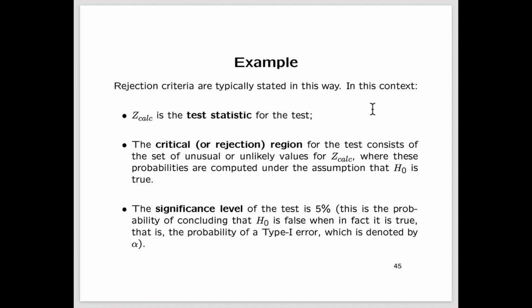The critical region or the rejection region for the test consists of the set of unusual or unlikely values for zcalc, where these probabilities are computed under the assumption that the null hypothesis is true. And again, the significance level of the test is 5%. That is, the probability of concluding that the null hypothesis is false when in fact it's true, that is the probability of a type 1 error. And again, that is denoted by alpha.